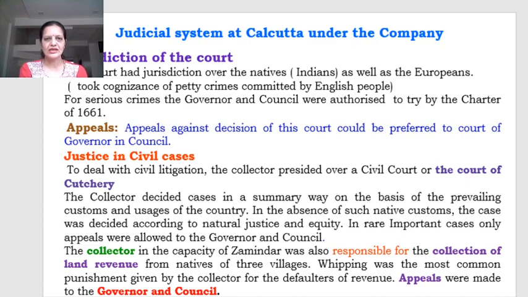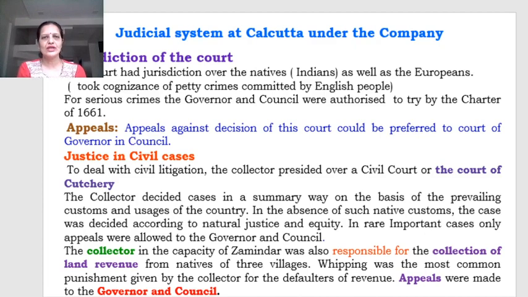The collector in the capacity of zamindar was also responsible for the collection of land revenue from the natives of these three villages. So whipping was the most common punishment given by the collector for the defaulters of the land revenue. Revenue म्हणजे शेतसारा. Appeals were made to the governor and council.